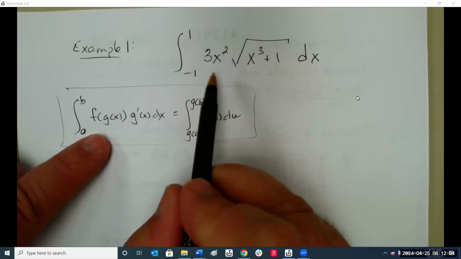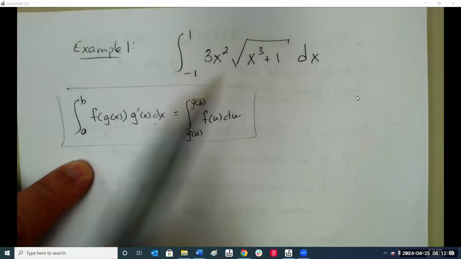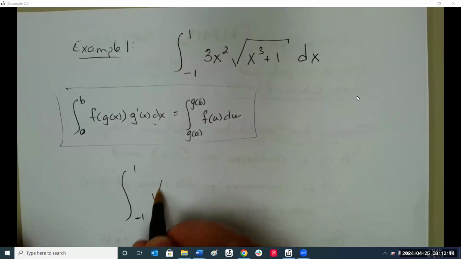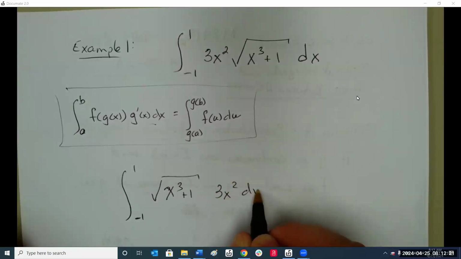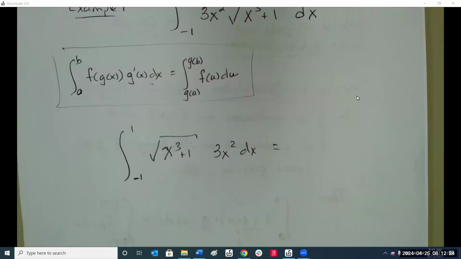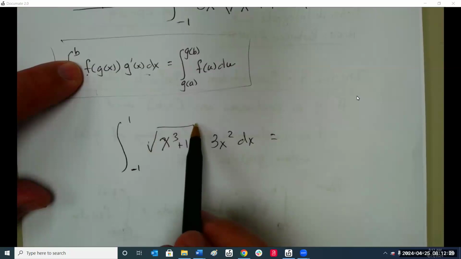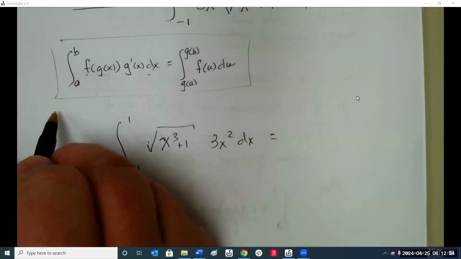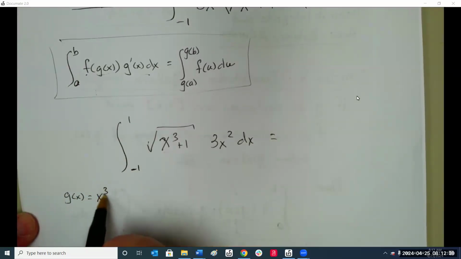So does our function satisfy this condition? What if we rewrote it? If we rewrote this equation, now does it match this? Yeah, we have an outer function, which is a square root. The inner function is g of x. So I'm saying here, g of x is x cubed plus 1.